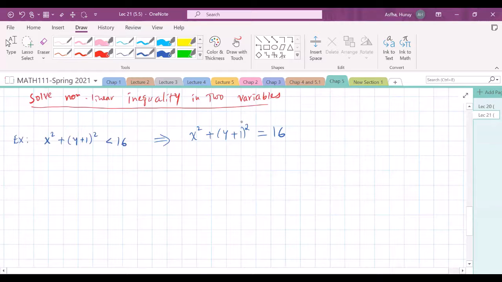If you remember, this is the equation of a circle with center (0, -1) and radius the square root of 16, which is 4.